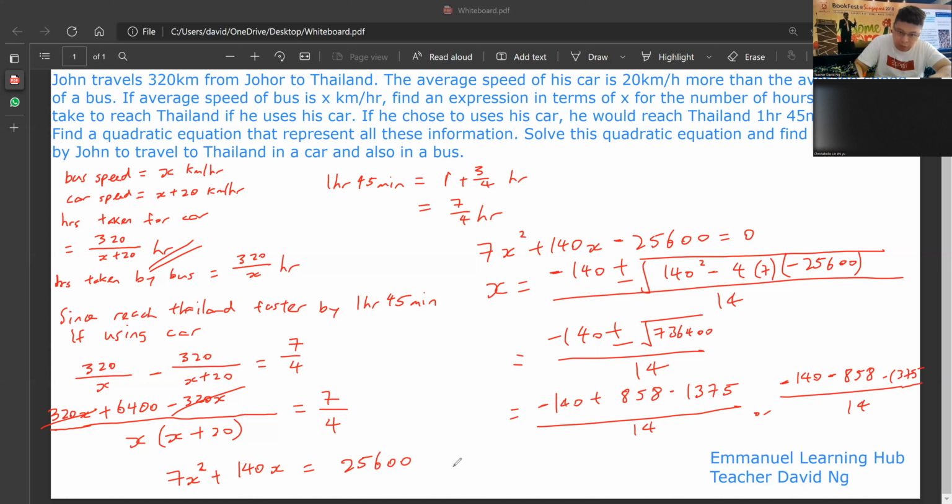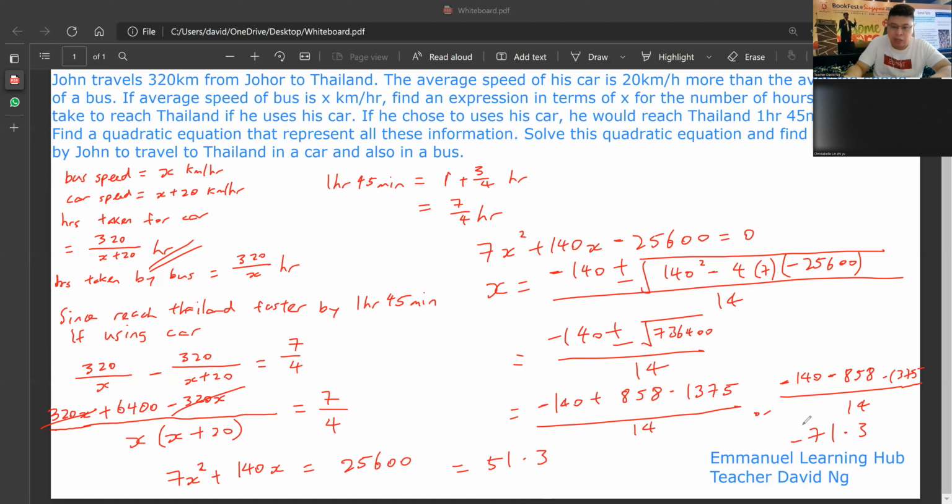So I have two answers for x. You find both. Your x is 51.3 if I add, and if I subtract, negative 71. Negative 71 or 51.3.